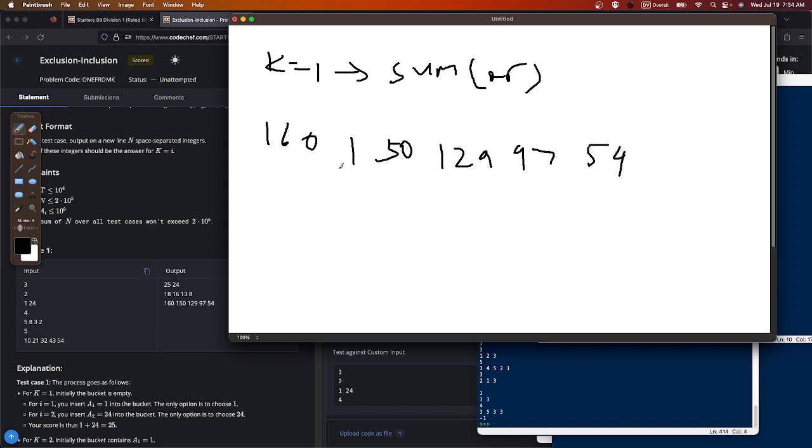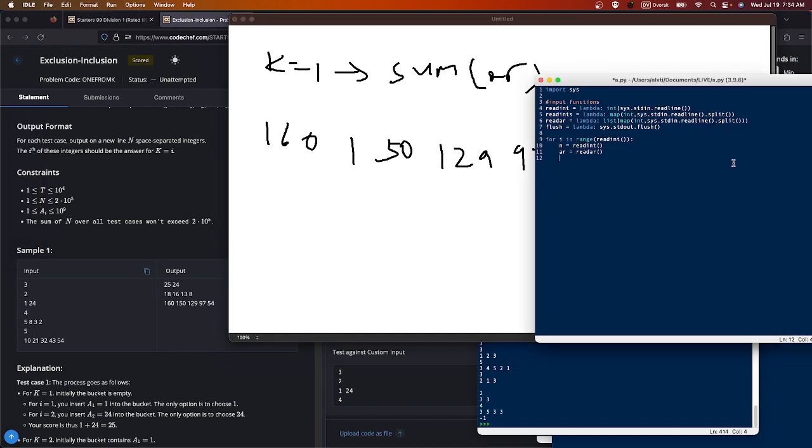Then with 2, if we extend this to the 2 case where n minus 2 elements are in the bucket already. Okay, so yeah, this is a very simple problem.